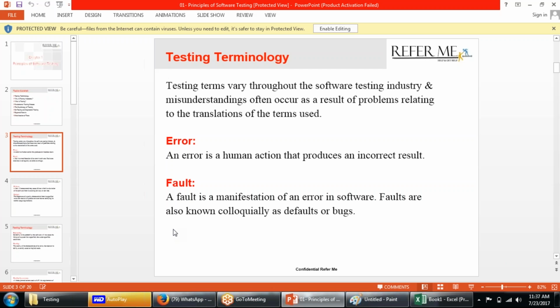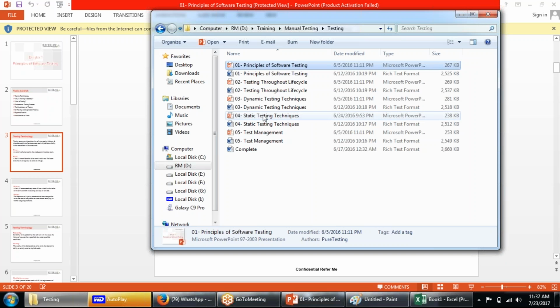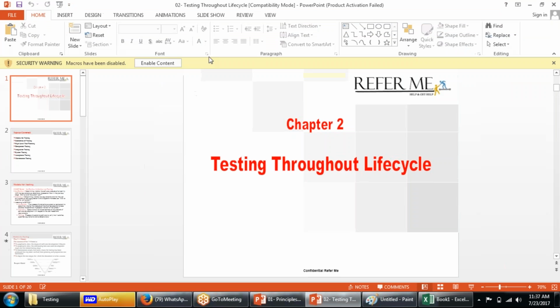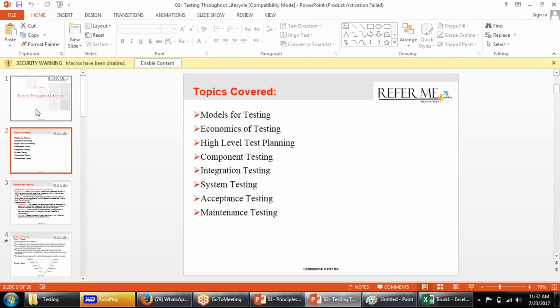Then we will cover further chapters like testing through the life cycle. That will be in the next weekend at 9 o'clock.